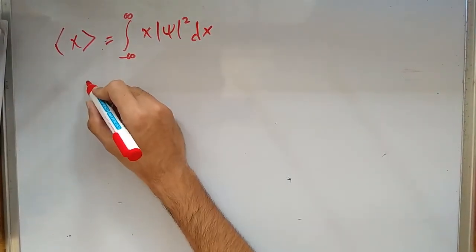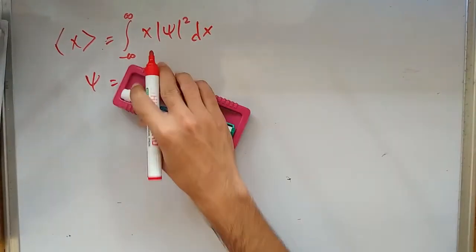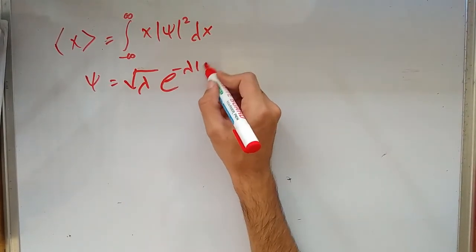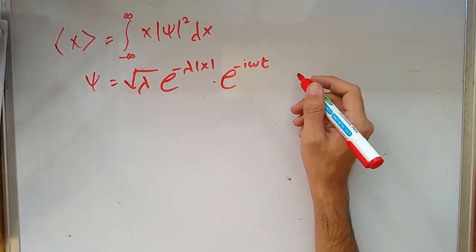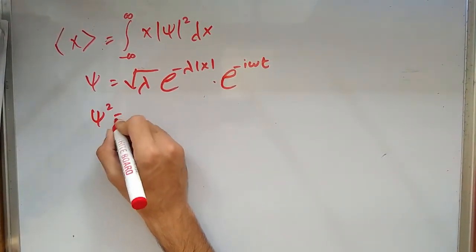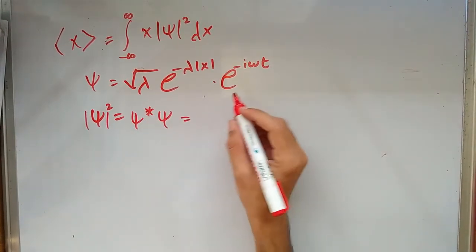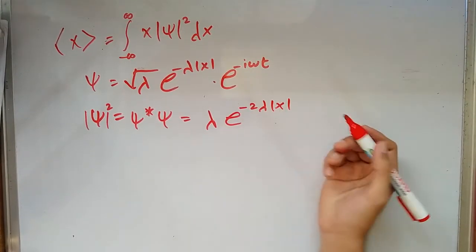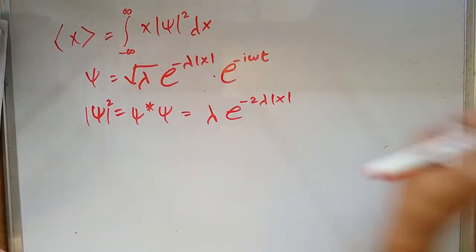Here our function was psi equal to square root of lambda e to the power minus lambda mod x into e to the power minus i omega t. So mod of psi square is psi star into psi, which is lambda e to the power minus 2 lambda mod x. So we will just substitute this value in this integral.